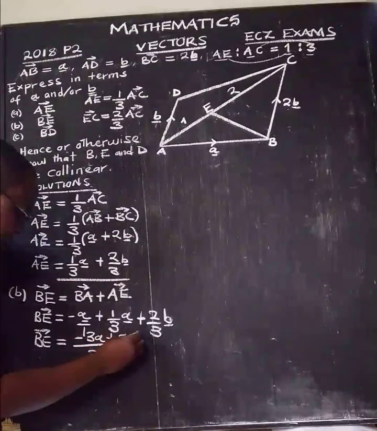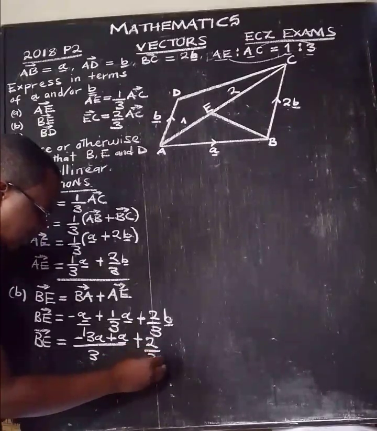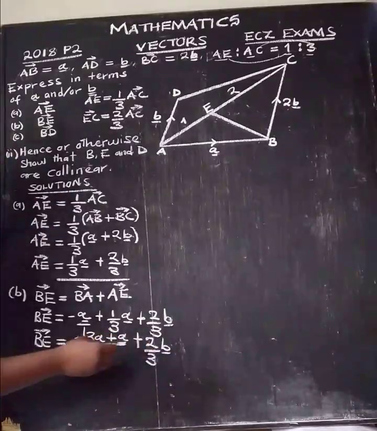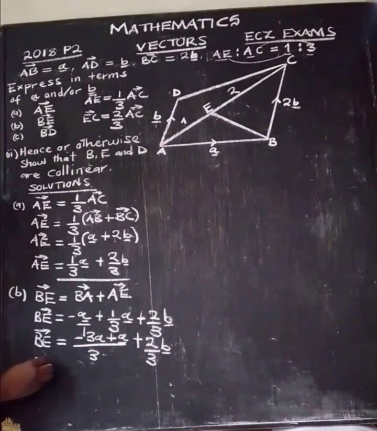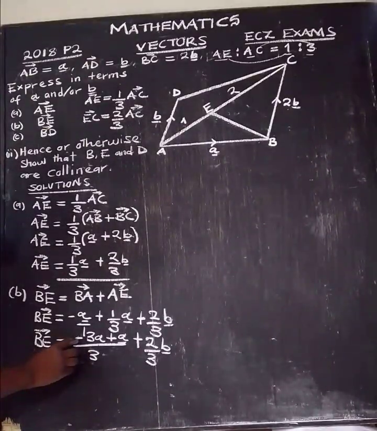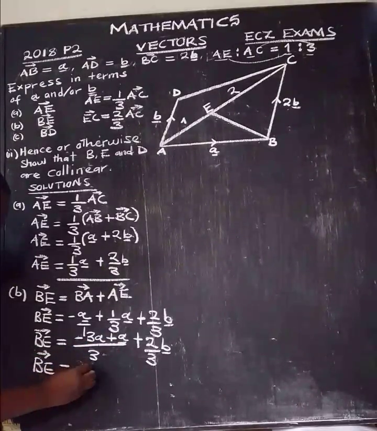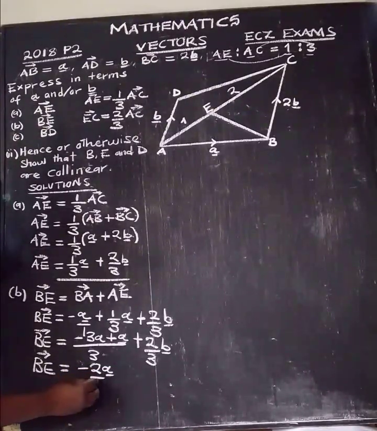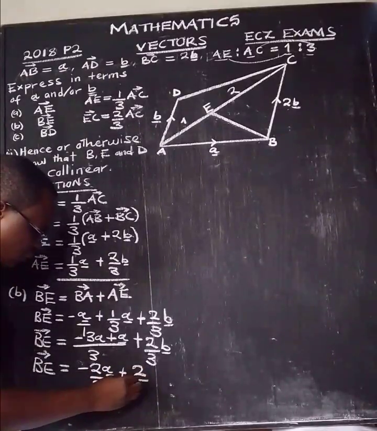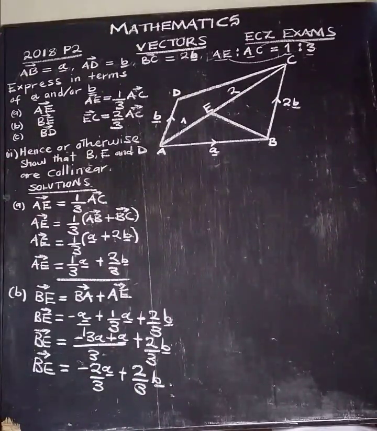Then plus 2 over 3 vector B. So BE is equal to negative 3 vector A plus vector A. We're going to get negative 2 vector A over 3 plus 2 over 3 vector B. Okay.